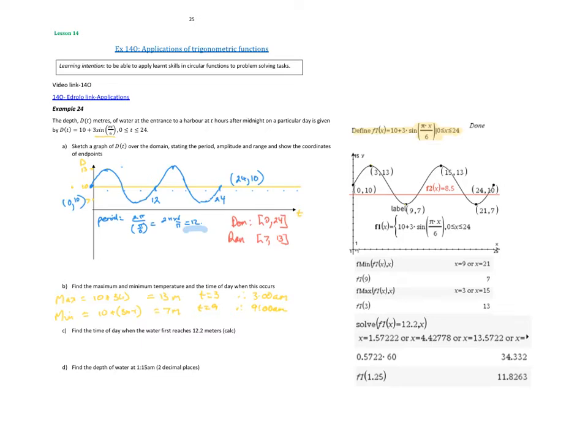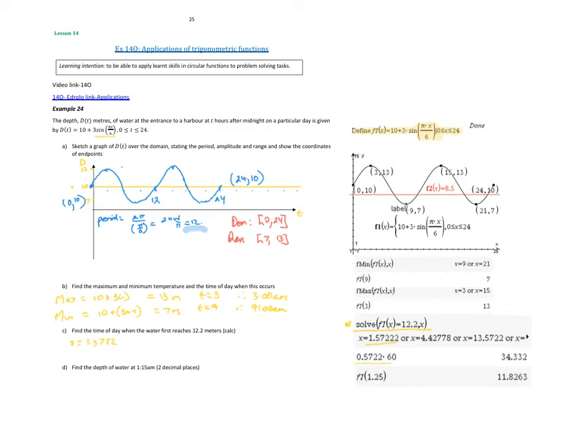Okay. Find the time of the day when the water first reaches 12.2 meters. So we're going to do that on our CAS. Solve the function equal to 12.2 for the first time, and we see that's at x equal to 1.5722. Now, what time of the day is that? So don't forget, the 1 is an hour, the 0.57 is the part of an hour.